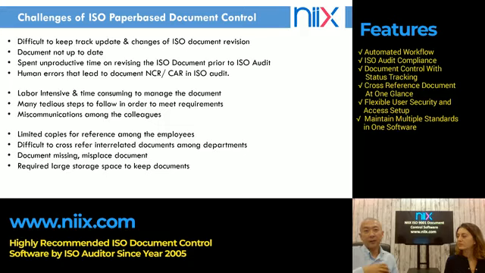And there are issues where documents are misplaced or missing, and so forth. And the worst thing is, it requires a lot of storage space in order for you to keep those printed documents.